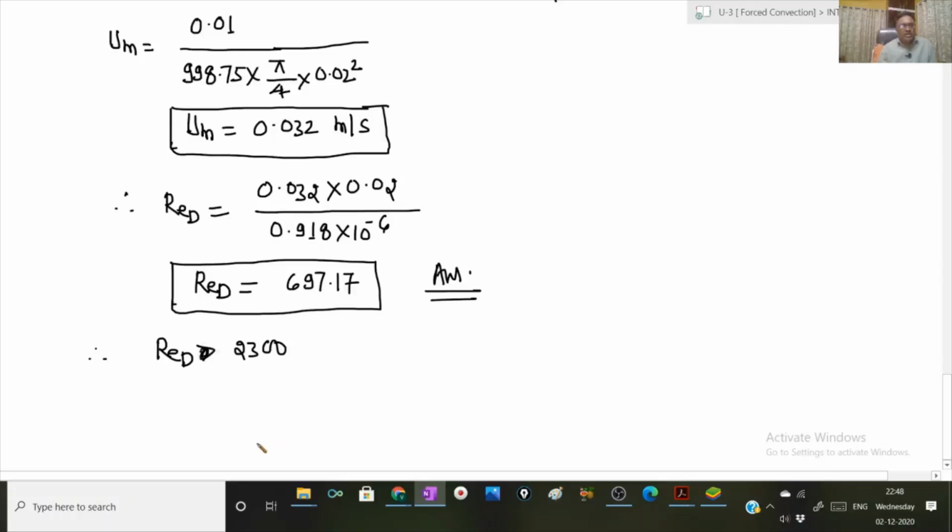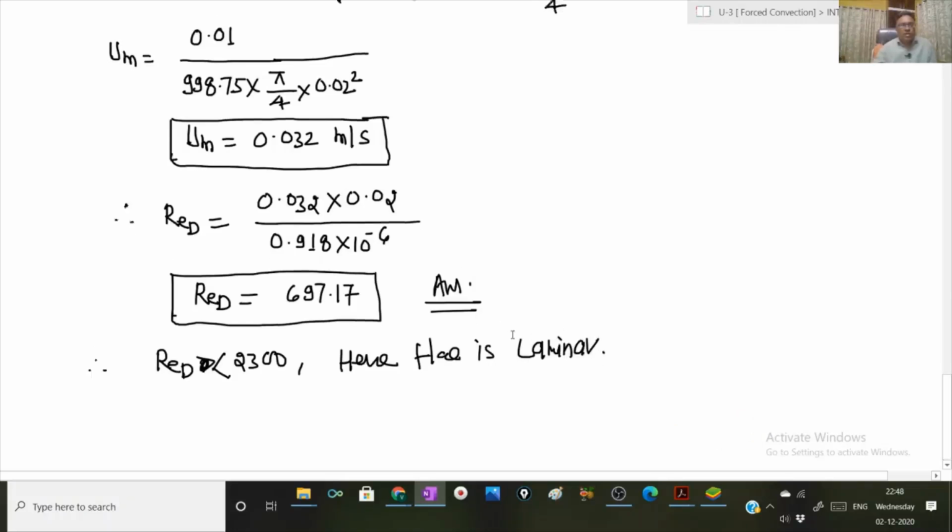So in our case, the value of Reynolds number is less than 2300, hence flow is laminar. So this is the point number 1.